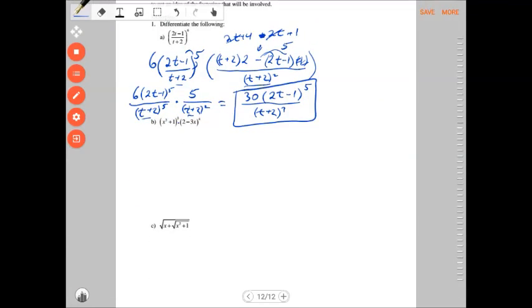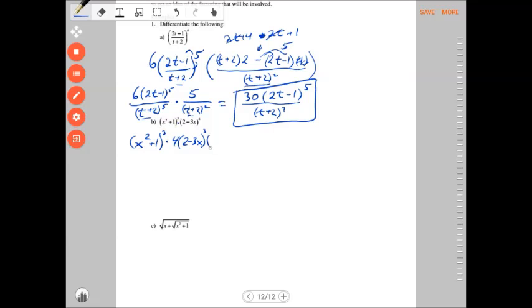For B, we can see that this is a product rule. See, they are multiplying. So for product rule, it is the first chunk, x squared plus 1 cubed, times the derivative of the second, so times 2 minus 3x to the 3.